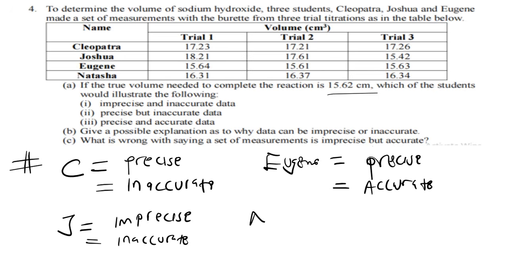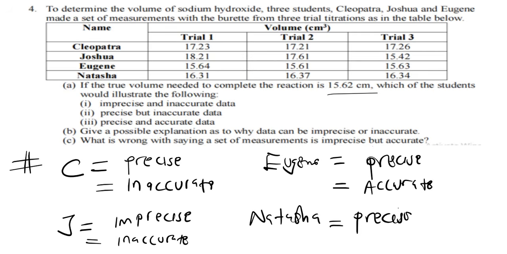Then we come to the last one, Natasha. We look at Natasha, 16.16, 16.31, 16.37, 16.34. If you are going to look at the values, all of them are in the range of 16. Natasha was precise.